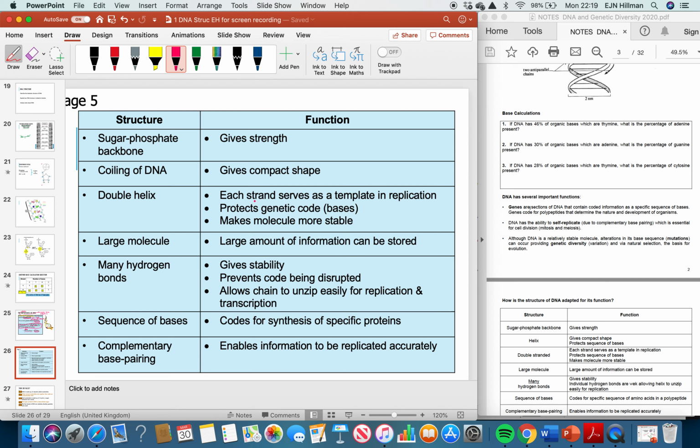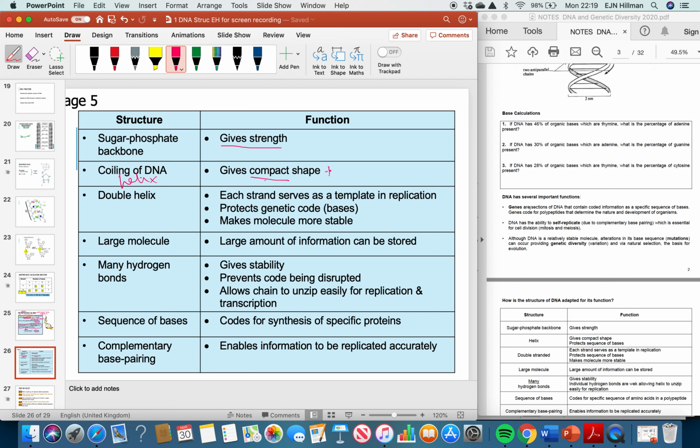Okay, other features then, other structural features and how that relates to their function. Well, we've mentioned this already. Sugar phosphate backbone gives the molecule lots of strength. The coiling of the DNA, i.e. the helix, makes it compact, better for storage, and actually able to fit in the nucleus.